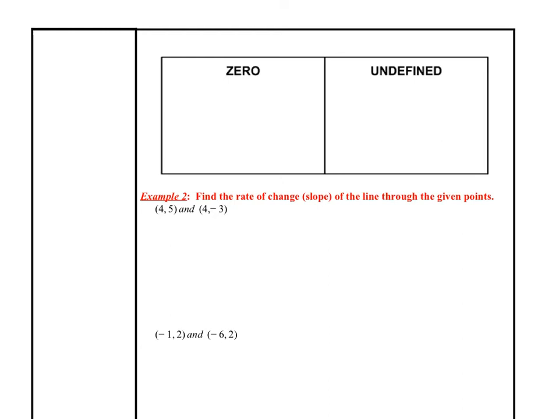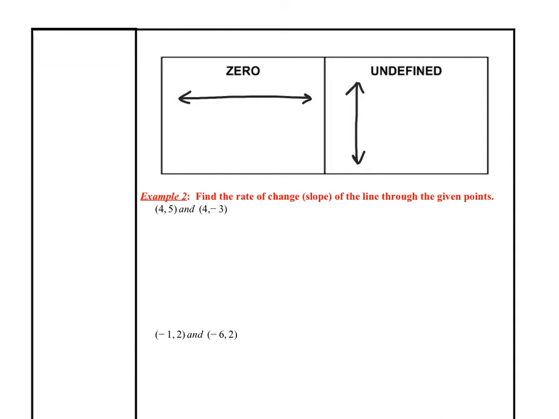Now let's talk about what it means to be 0 or undefined. You guys remember Slope Dude from yesterday told you that if a line is horizontal, it has a slope of 0. If a line is vertical, it has a slope of undefined.